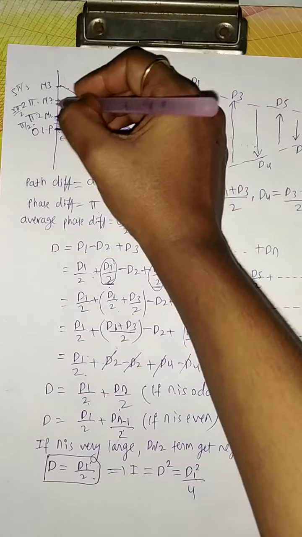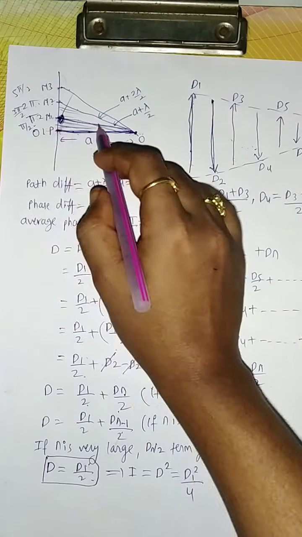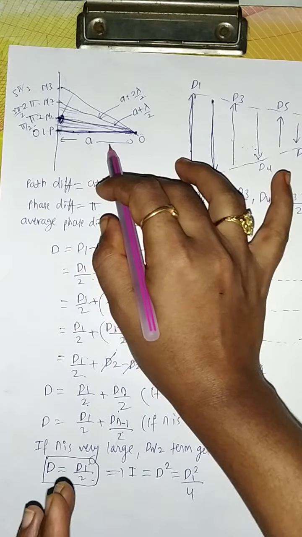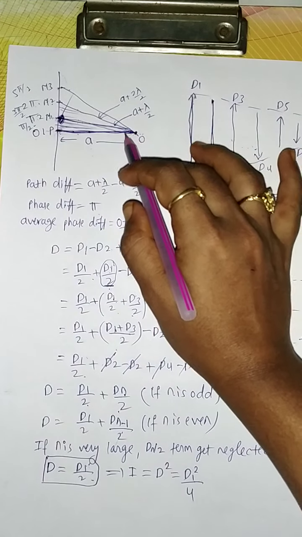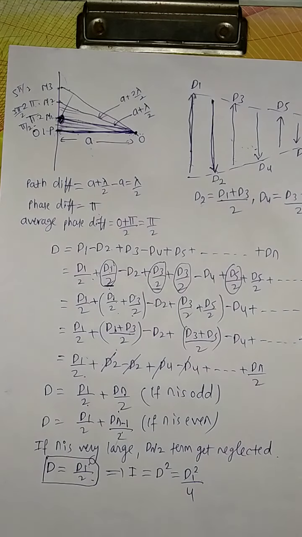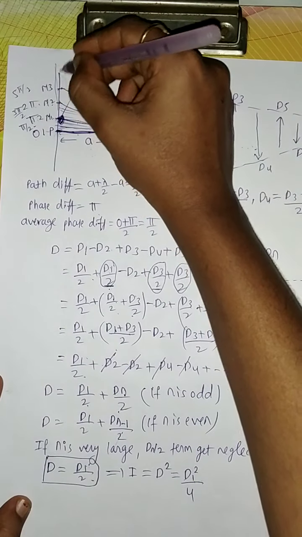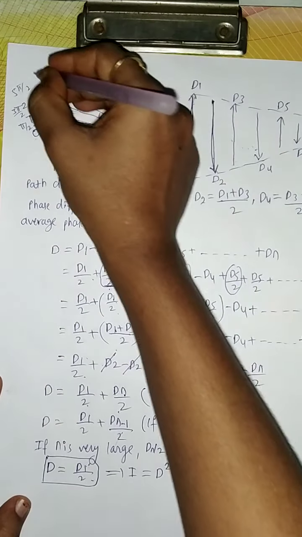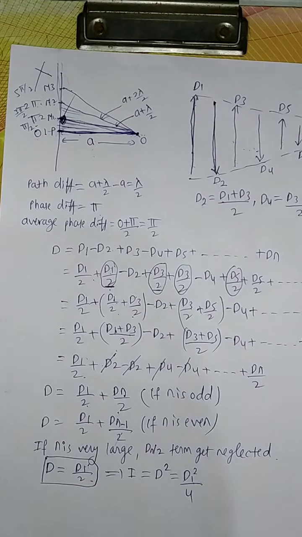If there is no obstacle, then one fourth of the square of the amplitude from the first zone will be reaching at point O. Means from these other zones, any light coming will not play any role for the intensity or the amplitude at point O.